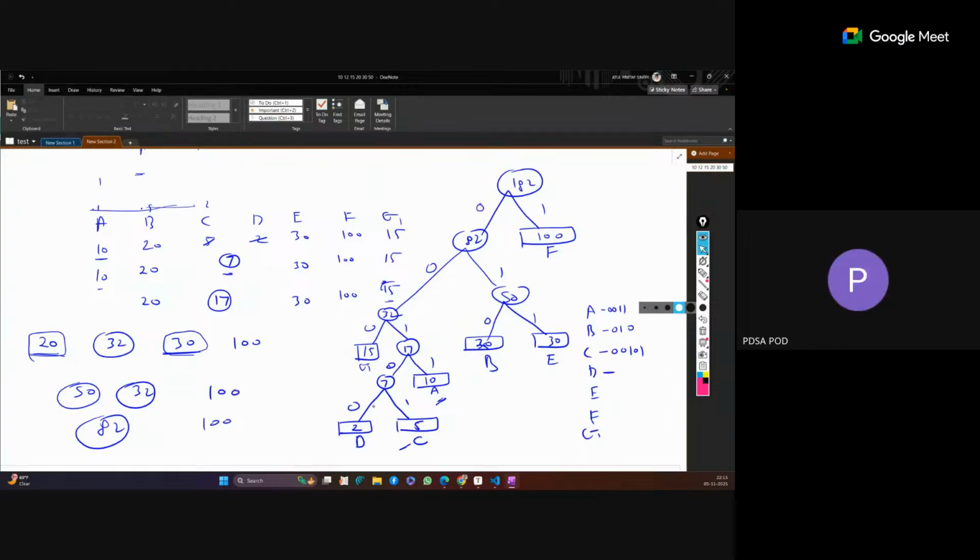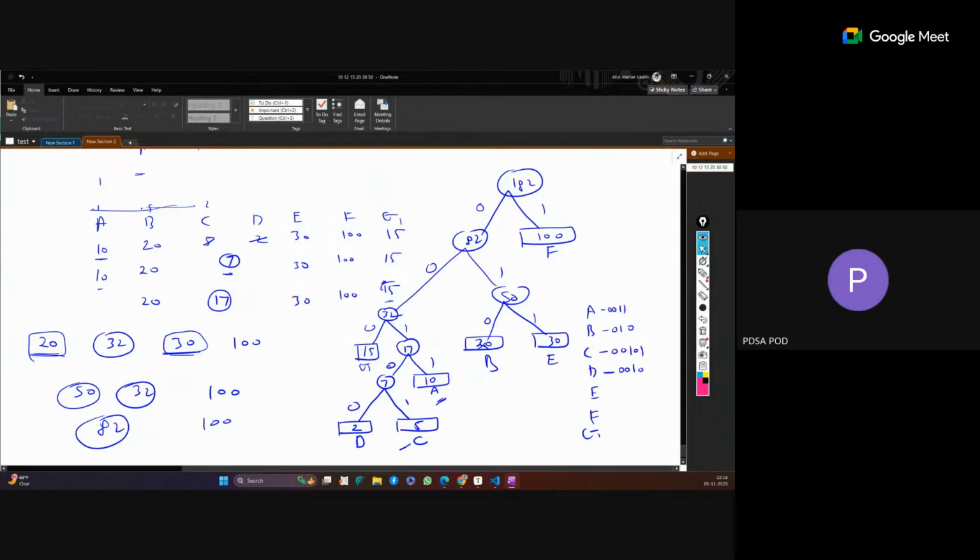D is here, so 0, 0, 1, 0, 0. E is here, so 0, 1, 1. And F is 1. And G is here, so 0, 0, 0. So these are Huffman codes.